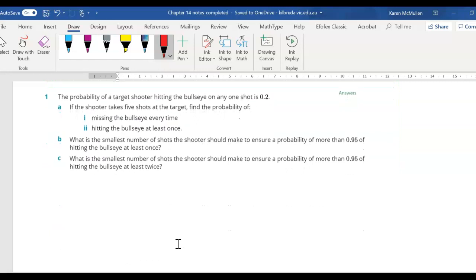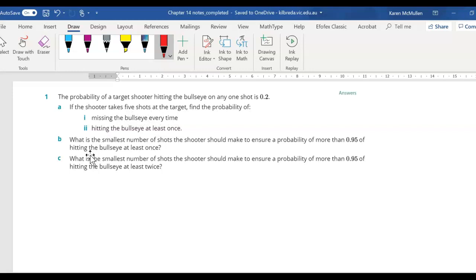All right, so let's have a look at question 1. The probability of a target shooter hitting the bullseye on any one shot is 0.2. If the shooter takes 5 shots at the target, find the probability of missing the bullseye every time, and hitting the bullseye at least once. At this point, we know that n is equal to 5, so we're not looking at what n is, we're finding the probability.